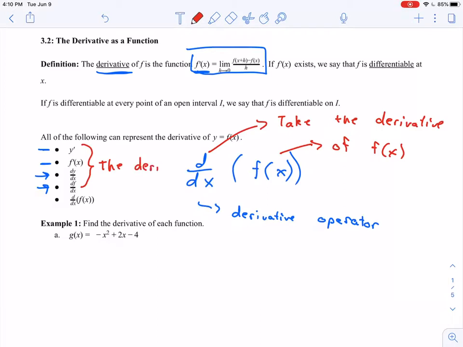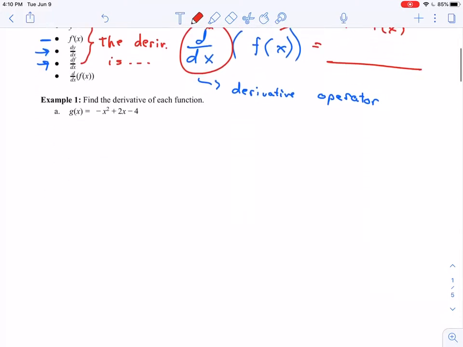So it's almost a statement that says, hey, the derivative is whatever that is equal to. But this is actually a command. This says, hey, go take the derivative of f of x and you'll get whatever that's equal to. So just be aware that we'll be using this derivative operator from time to time, and that just means, again, take the derivative of that function.